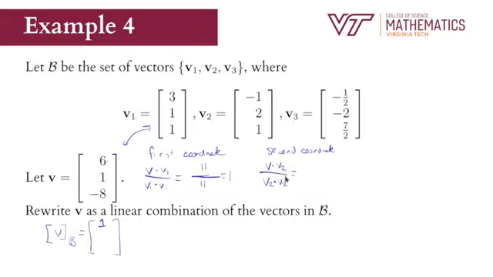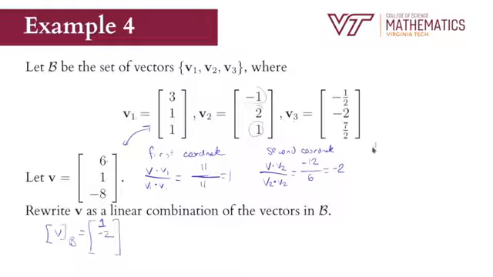Negative 4 minus 8 is negative 12. And then in the denominator, we're going to just do v2 with itself. So that's going to be negative 1 times negative 1 is 1. 1 plus 4 is 5. 5 plus 1 is 6. Negative 12 over 6 is negative 2.